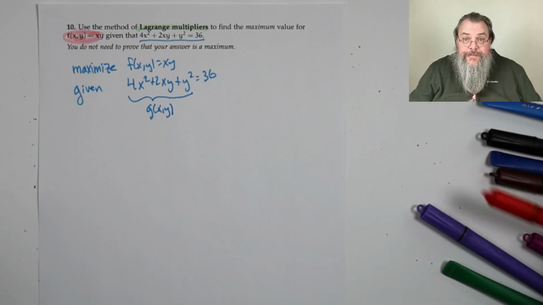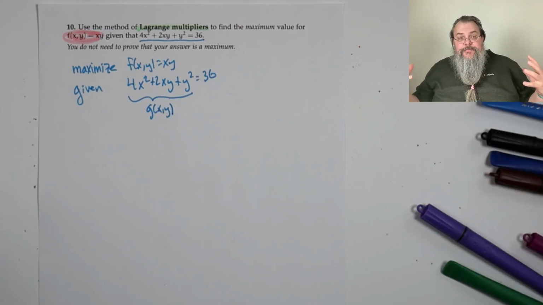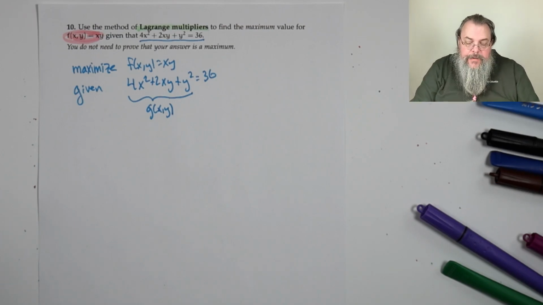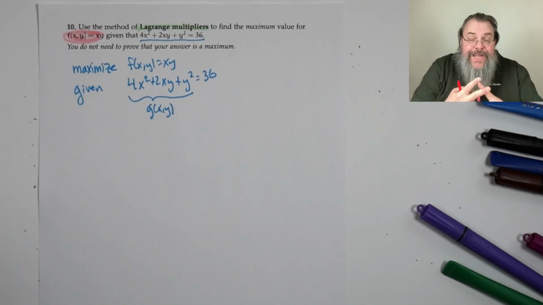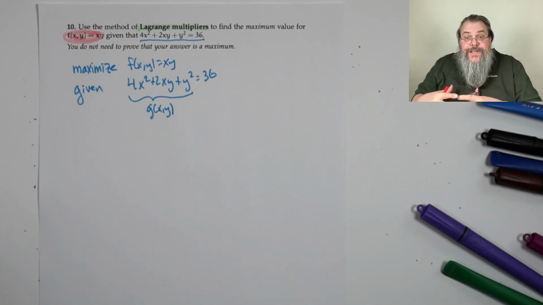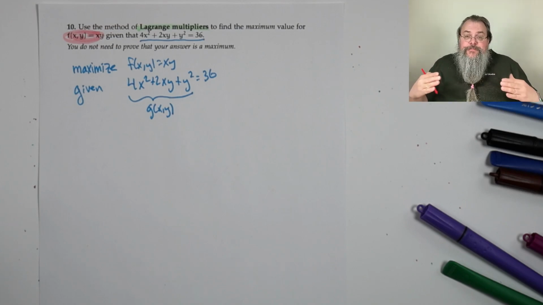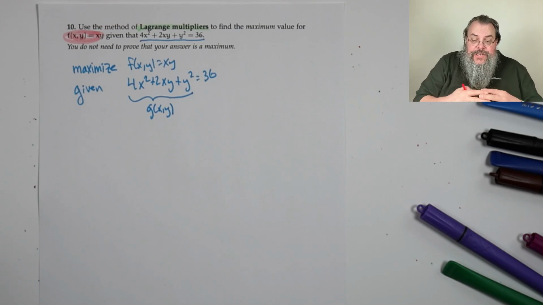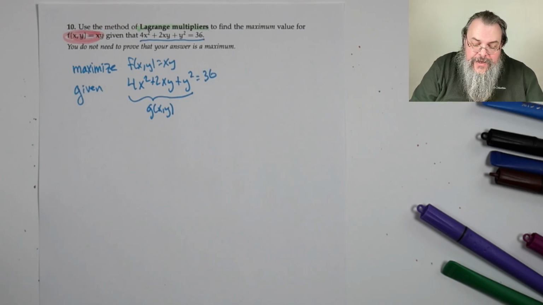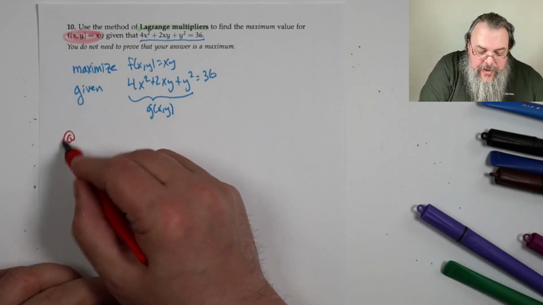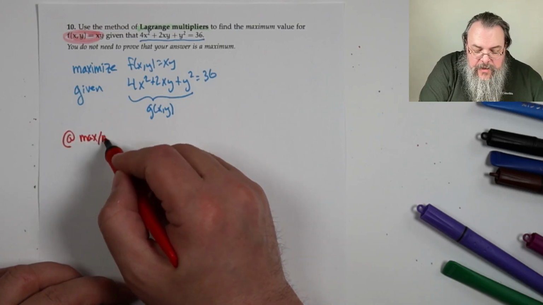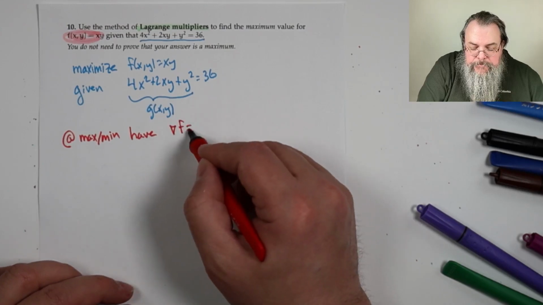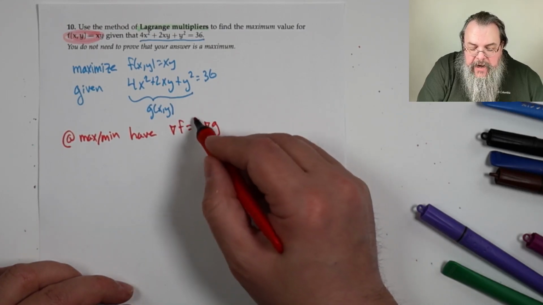How do we go about doing it? Here's the basic idea. The whole thing boils down to the following. You have one relationship already between x and y. We want to get a second relationship. The way we do it is, when you're at the max or min, compare the gradients. Gradient of f versus gradient of g, and how do they relate to one another? At the max or min, the gradient of f and the gradient of g are parallel.